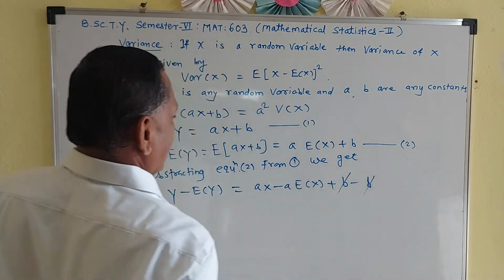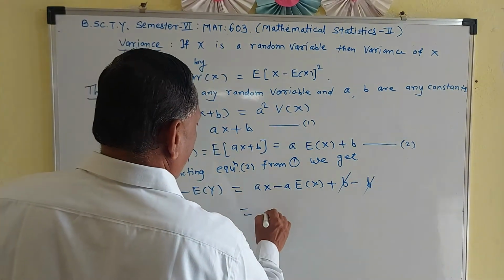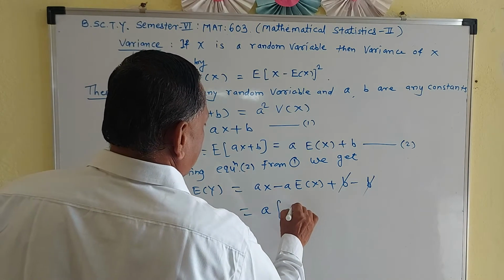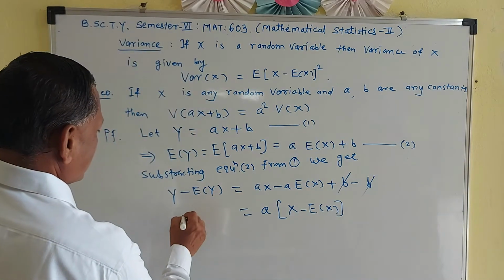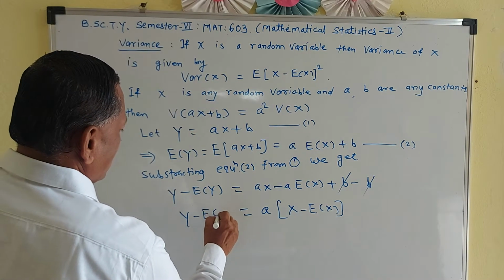So minus b plus b cancel. So you take a common, a into (x minus E of x), and left side is y minus E of y.